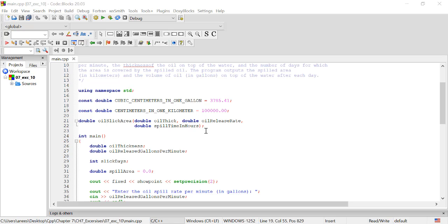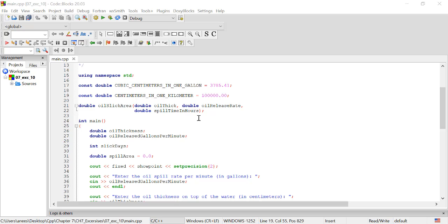Now we have a function right here that will determine the oil slick area in 1 day.